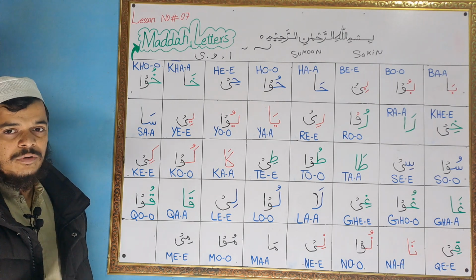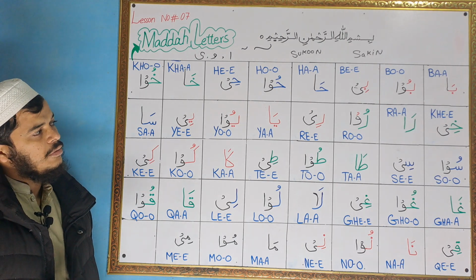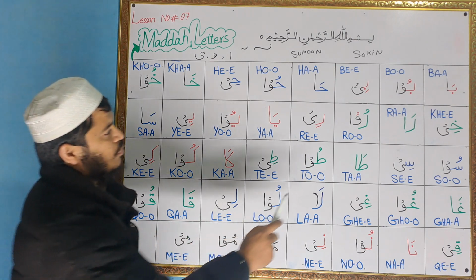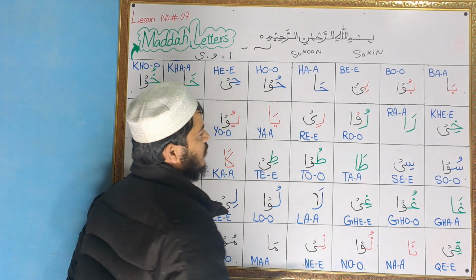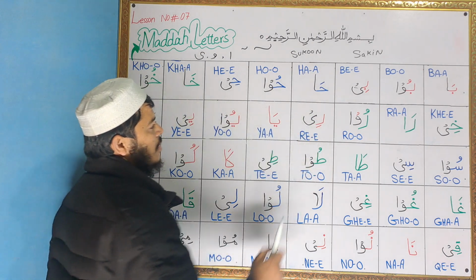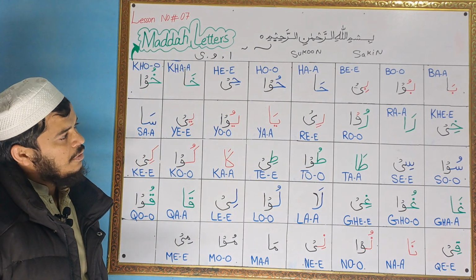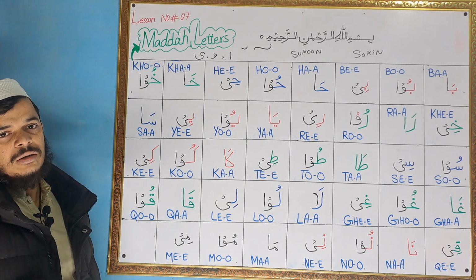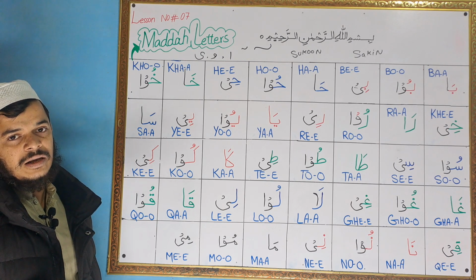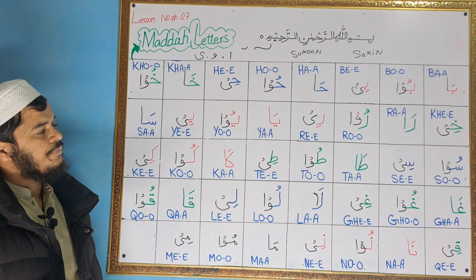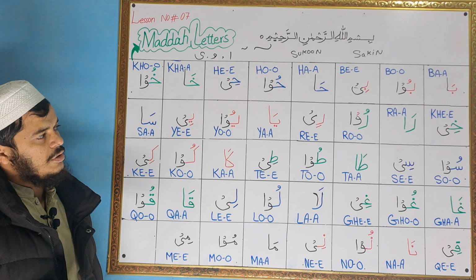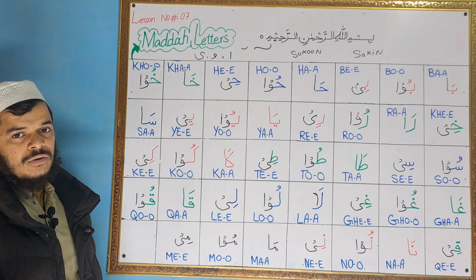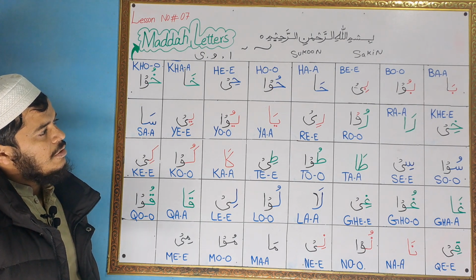But in Indo-Pak script, we will see that after dhamma waw comes with sukoon, and after kasra ya comes with sukoon. If after dhamma waw comes without sukoon, we take it as silent in Indo-Pak script. So you have to see what type of font is being used.